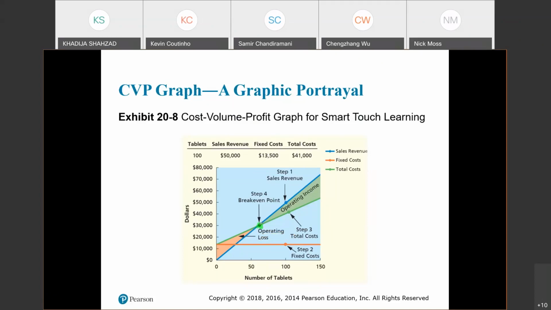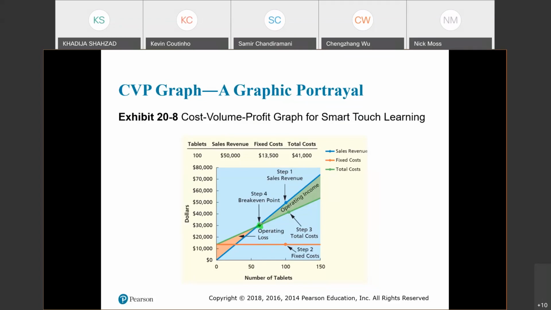A break-even point is the sales level at which the company doesn't earn a profit or a loss, but has an operating income of zero. In other words, at this level of sales, the company has an operating income equal to zero.